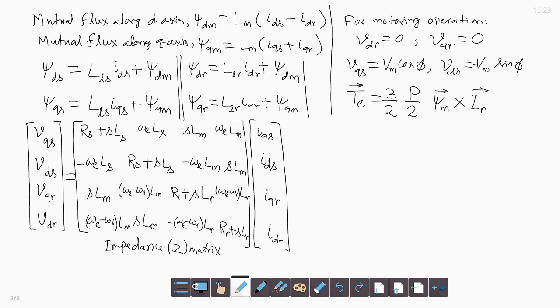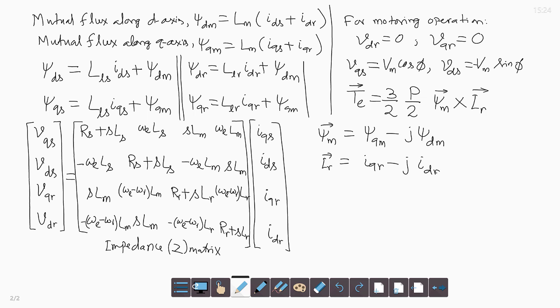So, torque is produced. Torque is 3 by 2 into P by 2 into psi m cross I r. Psi m is the mutual flux, that is psi q m minus j psi d m, and I r is the rotor current, that is I q r minus j I d r.